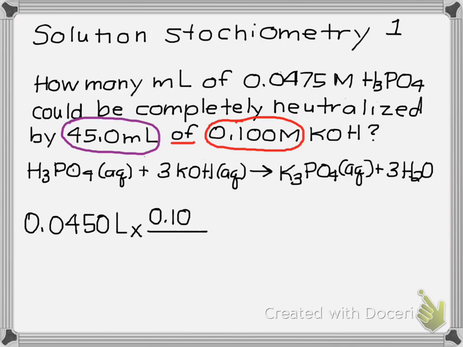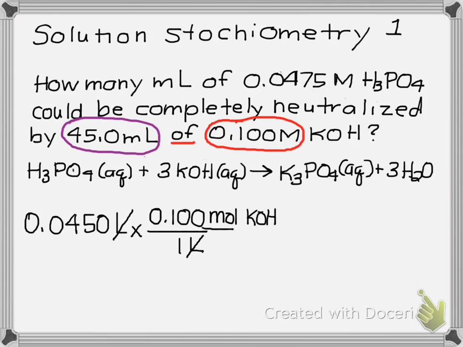I think of it as 0.100 moles of KOH in 1 liter of the solution. Now just looking, remember stoichiometry problems are conversion problems. My liters cancel, and so by multiplying volume times the concentration, I end up with moles.